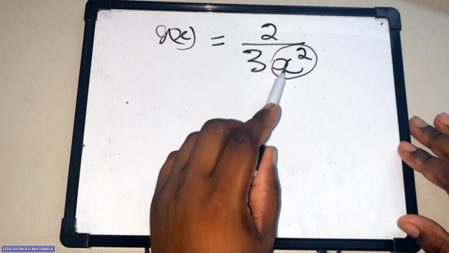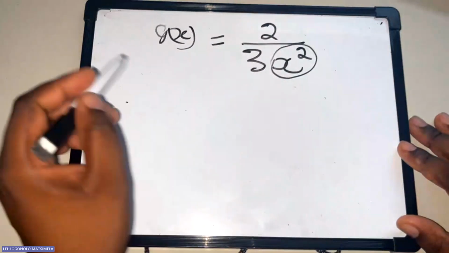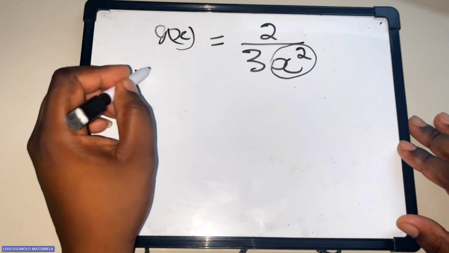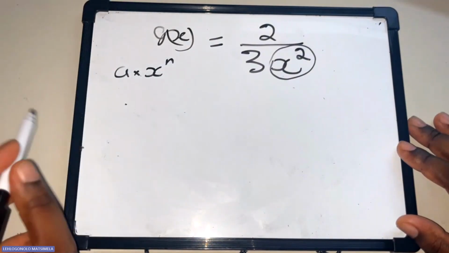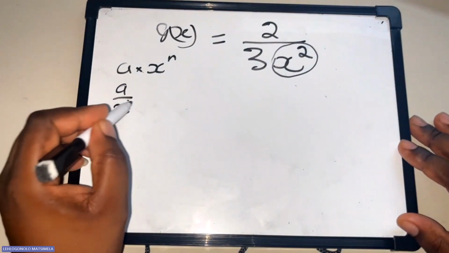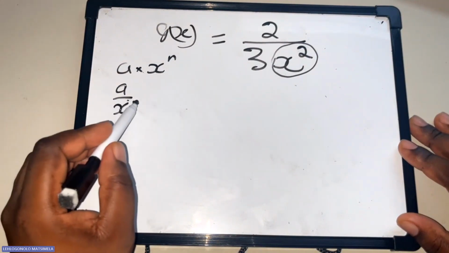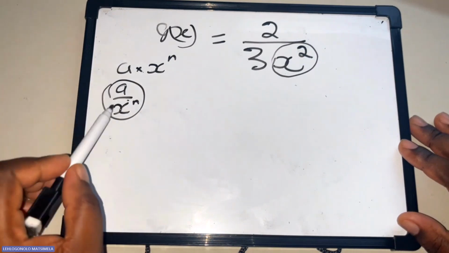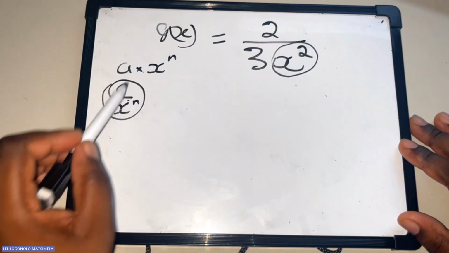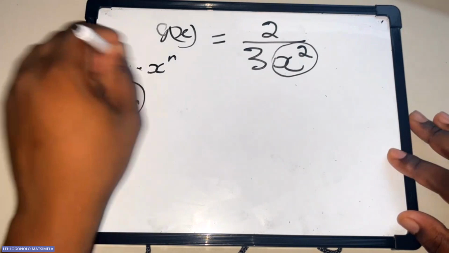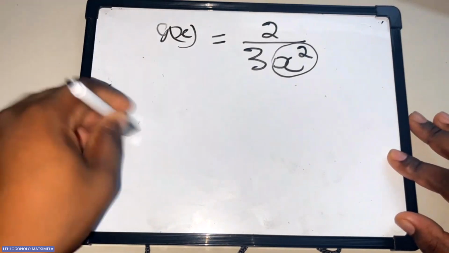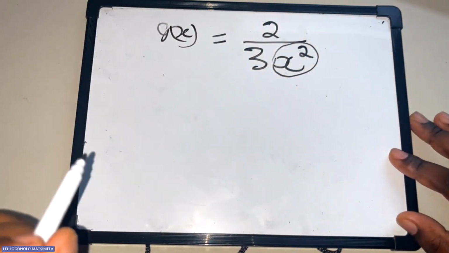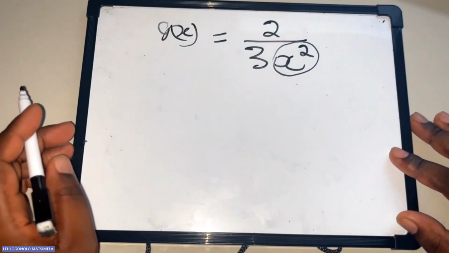We want this to say a multiplied by x to the power of exponent. We don't want a over x to the power of exponent. We want to get rid of the fraction or x being the denominator. x must be multiplying whatever fraction number it is. That's what we mean by those principles.